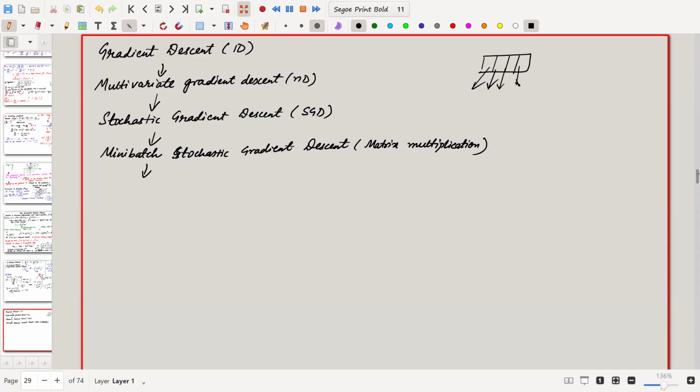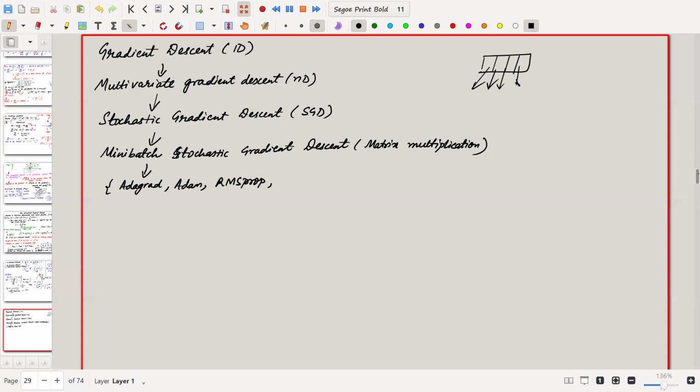After this, we will come to the deep learning era, where Python has inbuilt optimizers. We will try to talk about the AdaGrad optimizer, the Adam optimizer, and RMSprop.